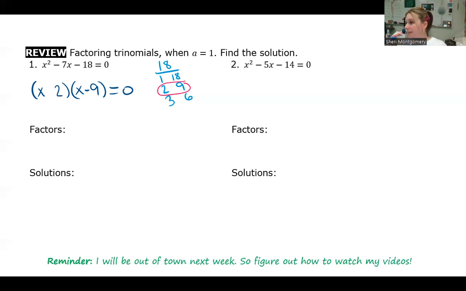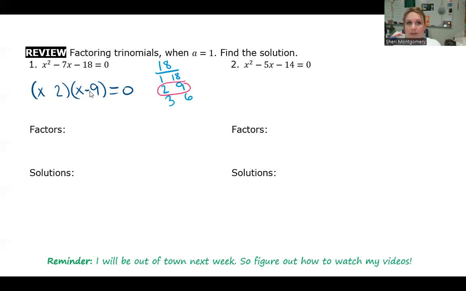So I went and set up my format for factoring where I've got two parentheses and there's an X and an X. I made my factors of 18 and then I figured out which pair I could put together to make 7. So 9 and 2 can be put together to make 7. You always start with the middle term. The middle term is negative, so my bigger number will be negative.